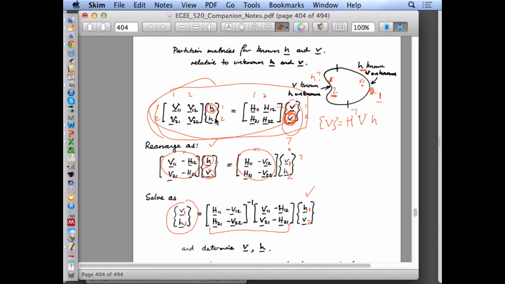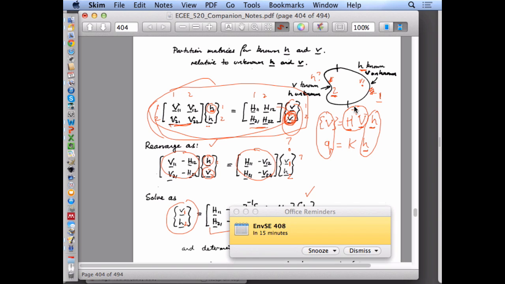So I'm just rewriting this in terms of the heads, which are here, the big V matrix, which is this one, the big H matrix, which I've inverted in this. And the point is, if you look at this and you multiply velocities by areas, you have Q equals KH. And so if you think about this, you can use this technique as well to write a conductance matrix using just these boundary elements to be able to interface finite elements and boundary elements together.